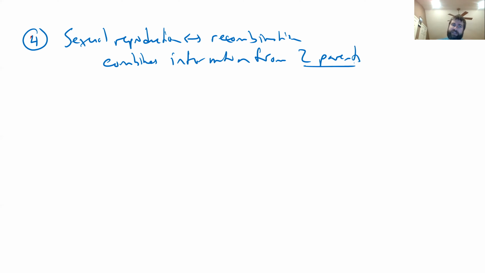Now, how does recombination work? Recombination involves the idea that we start with 2 chromosomes.